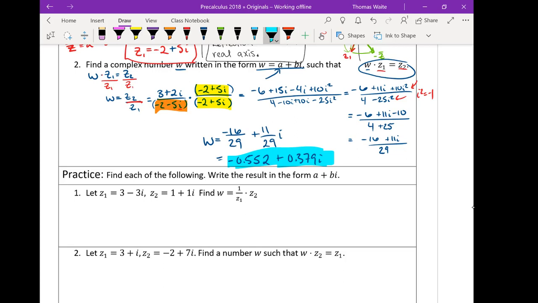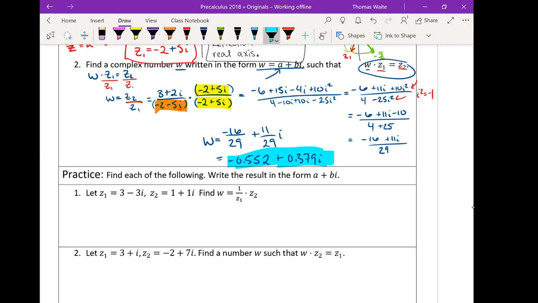Actually, no, negative 2 minus 5i. That was our original problem. And in my calculator, sure enough, I get negative 0.552 and 0.379. Awesome. So it's a great way to check yourself to make sure there were no errors.